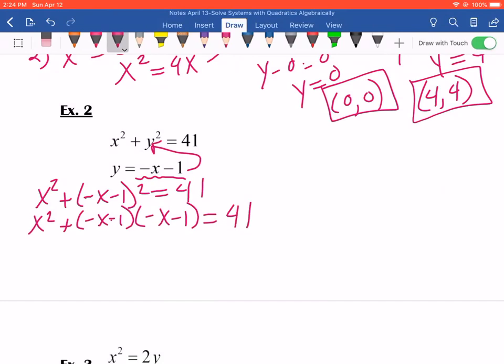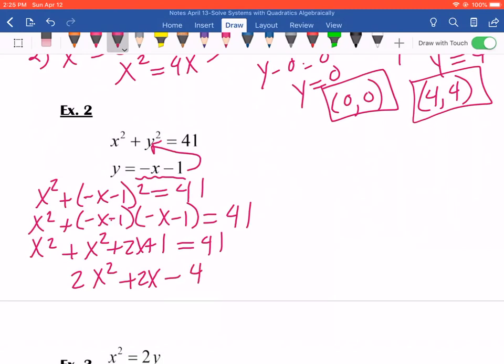Now we want to go ahead and FOIL this out, and what we get is x squared plus 2x plus 1, sorry guys, equals 41. Okay, go ahead and clean this up. We get 2x squared plus 2x, plus 1 minus 41 gives us minus 40, is equal to 0.